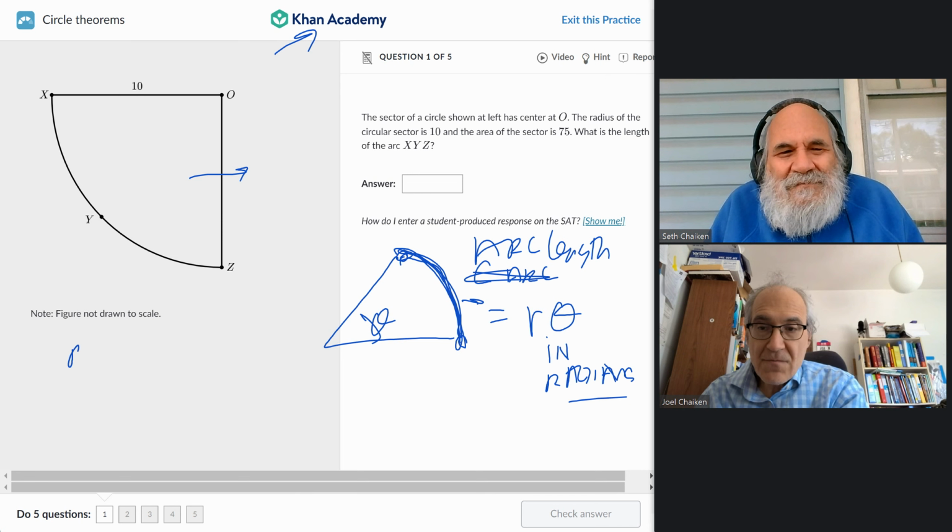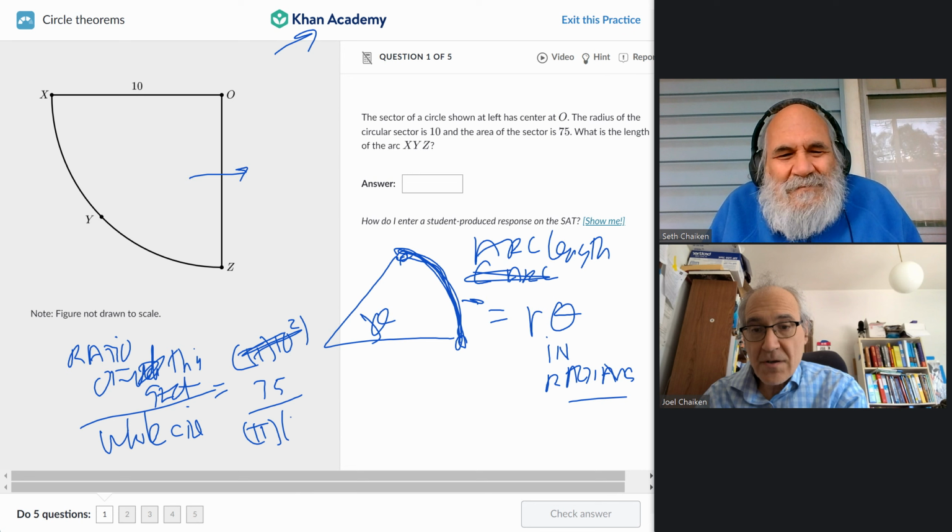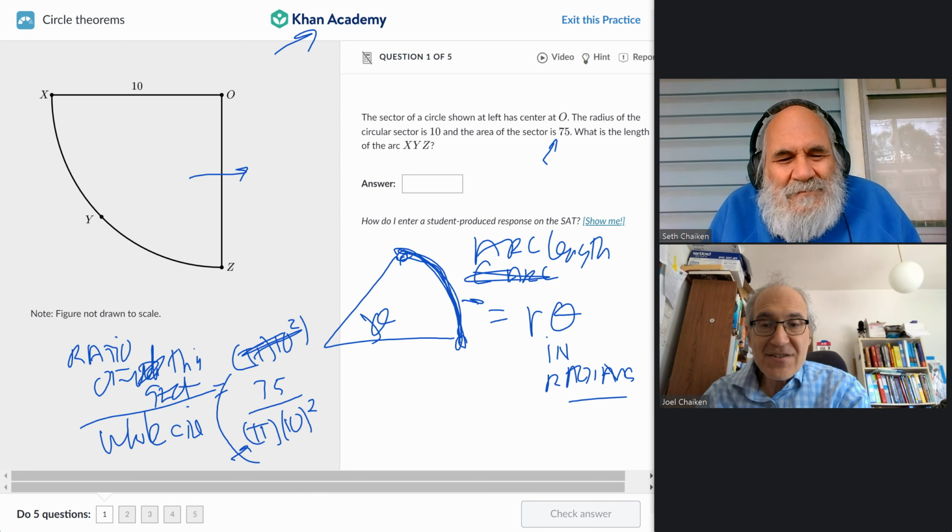It's the ratio of this sector to the whole circle, which is 75 divided by pi times 10 squared, because pi times 10 squared is the area of the whole circle. The ratio of the sector to the whole circle is 75, because that's the area, to the area of the whole circle. Okay, now that's the ratio.